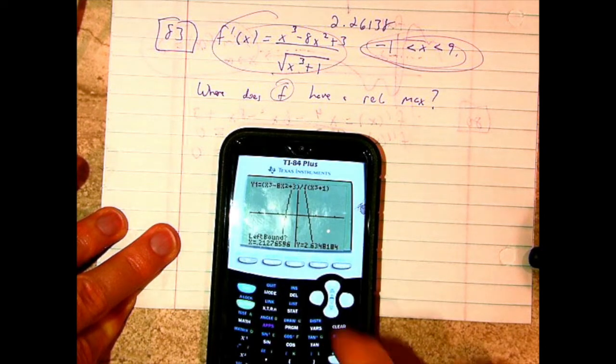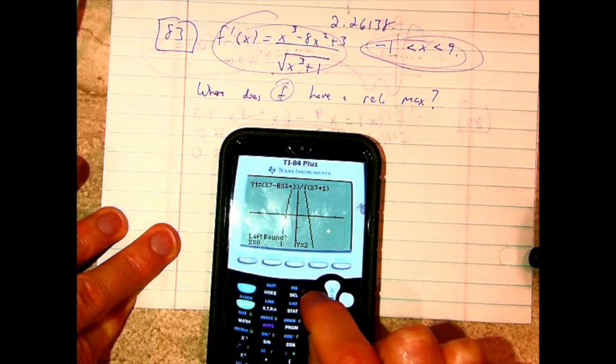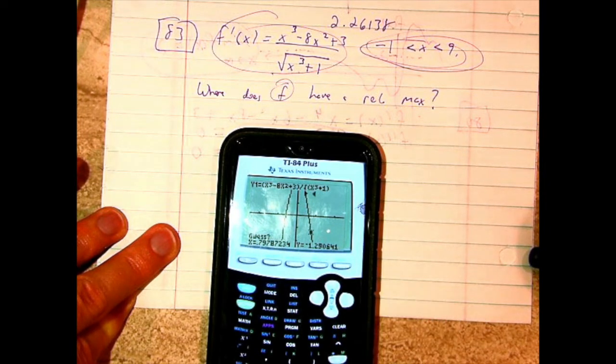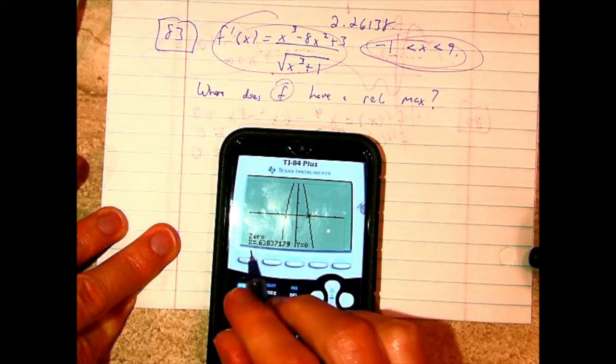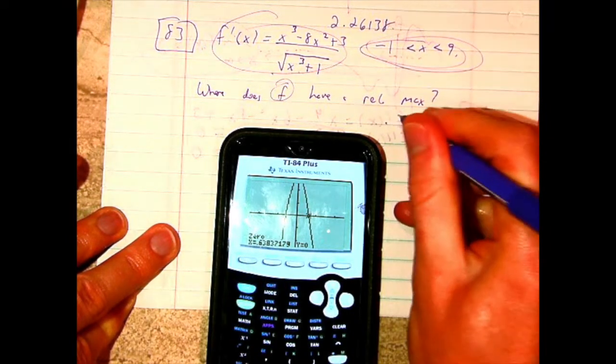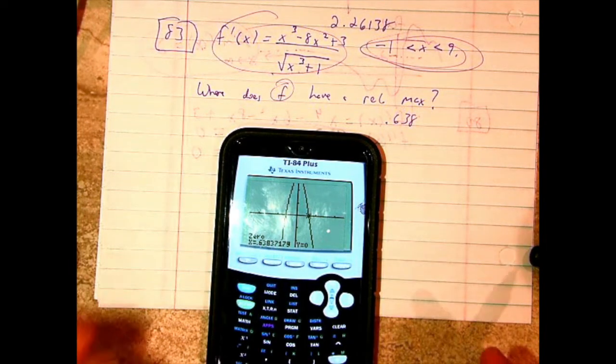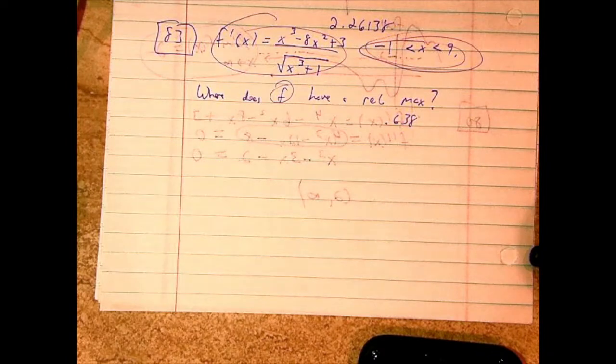So left bound, you just want to sandwich the intersection point between the two cursors: left bound to the left of the intercept and right bound to the right of the intercept. Hit enter. Okay, so it gives me 0.638 approximately. So is that one of the choices? Yeah, that's choice C. Okay, so that's number 83.